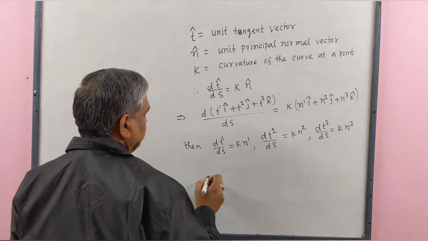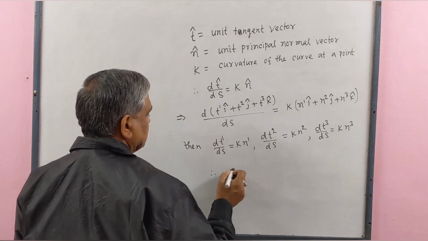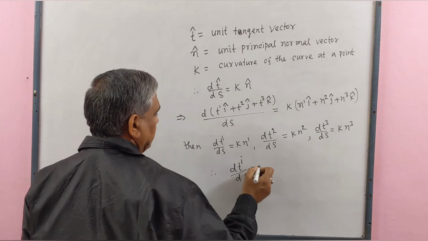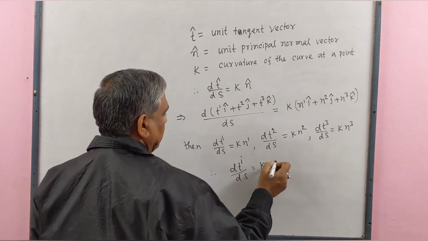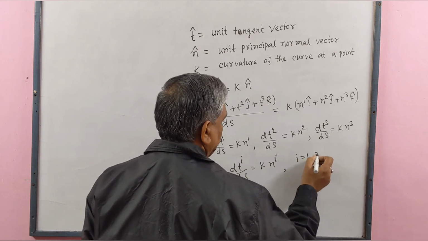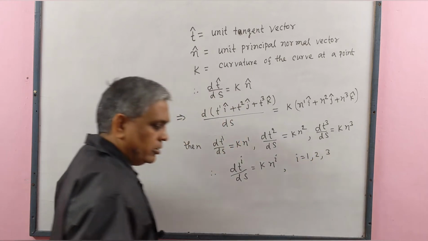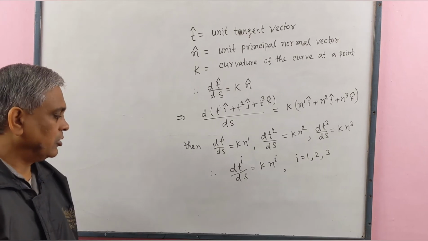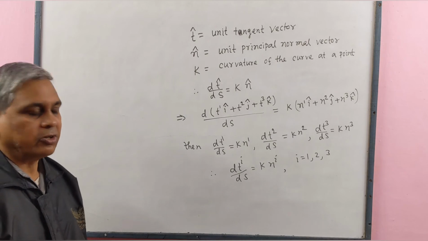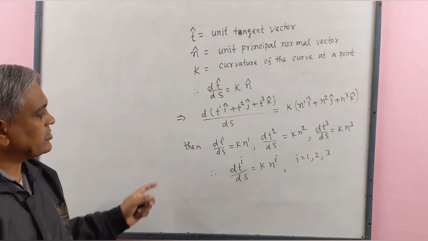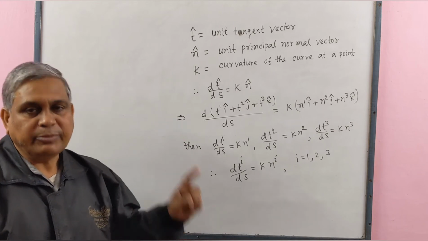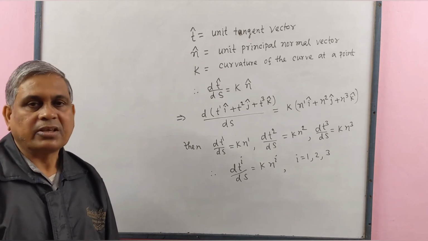By generalization, dti by ds equal to k eta i, i equal to 1, 2, 3. On the basis of this concept, we will extend this idea in n-dimensional space.